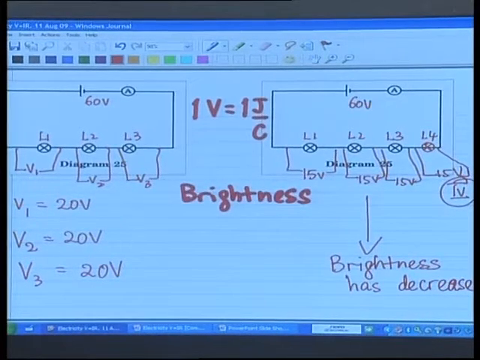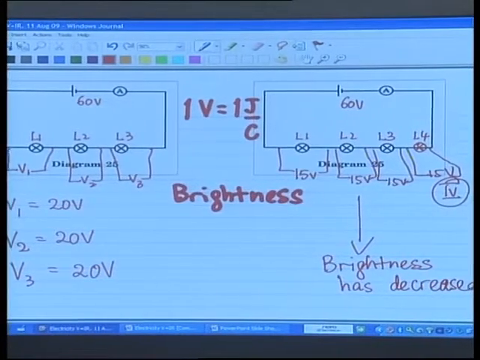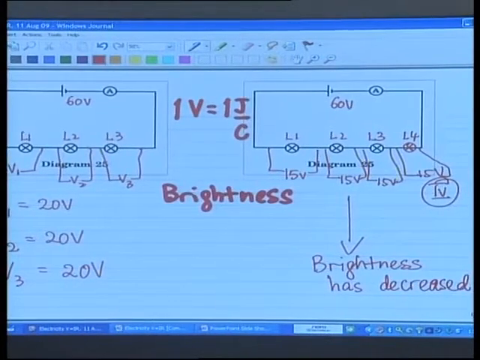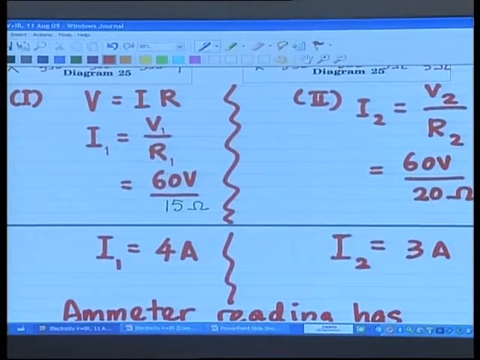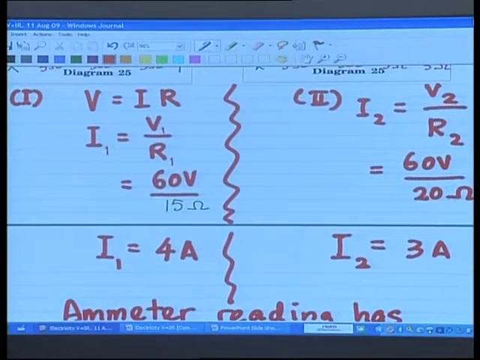Okay? So, what are the 2 things? Let us summarize. The first thing that we have discussed is making use of V equals IR. And here also we understand that effective resistance in series, you just add up the individual resistances.